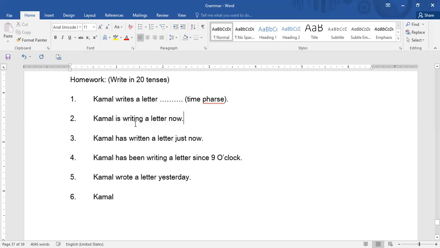Continuous alone, no? So can you say, Adarshana? Sangeetani, write yourself. Was writing a letter. Was is the helping verb. Past form, no? Past continuous. Is should be changed into was. That's only. Now change into then. Kamal was writing a letter then.